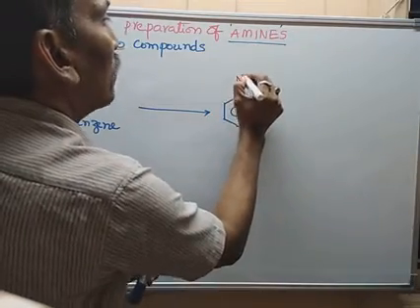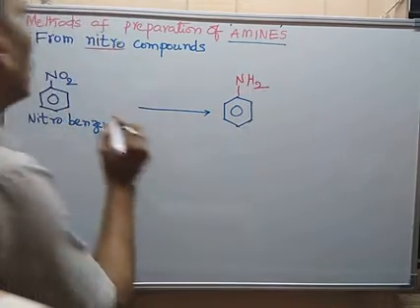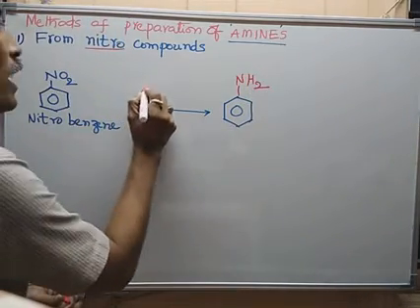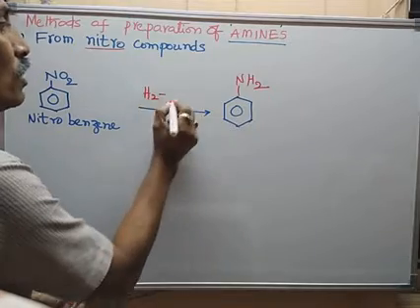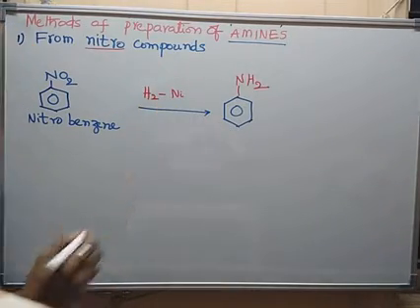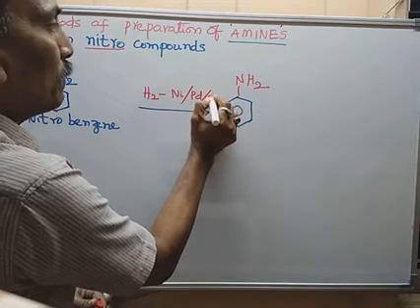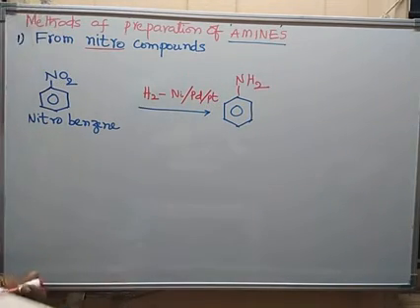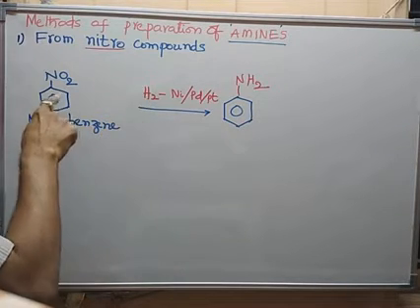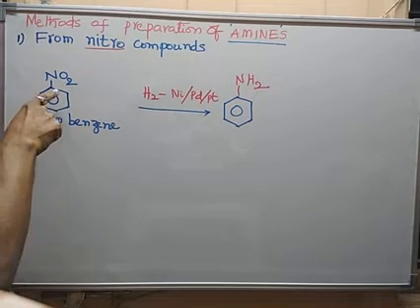How does it happen? This is very important. Very simple: addition of hydrogen in the presence of nickel. If nickel is not available, take palladium or platinum. Then what will happen? This hydrogen is added to nitrobenzene.